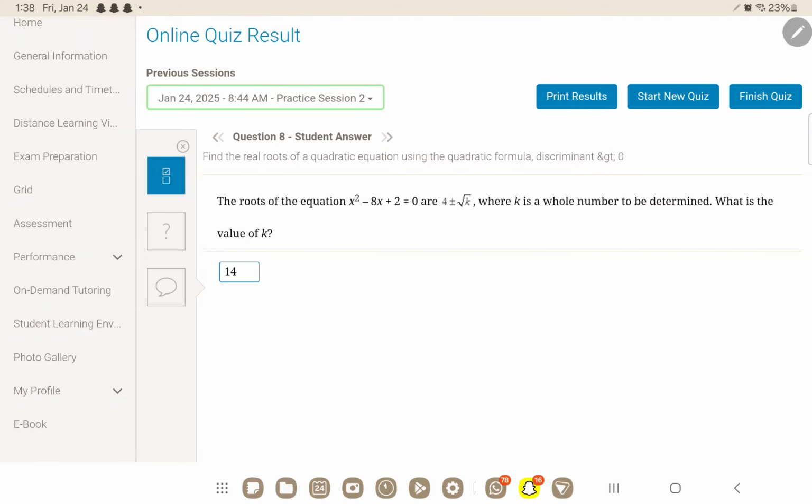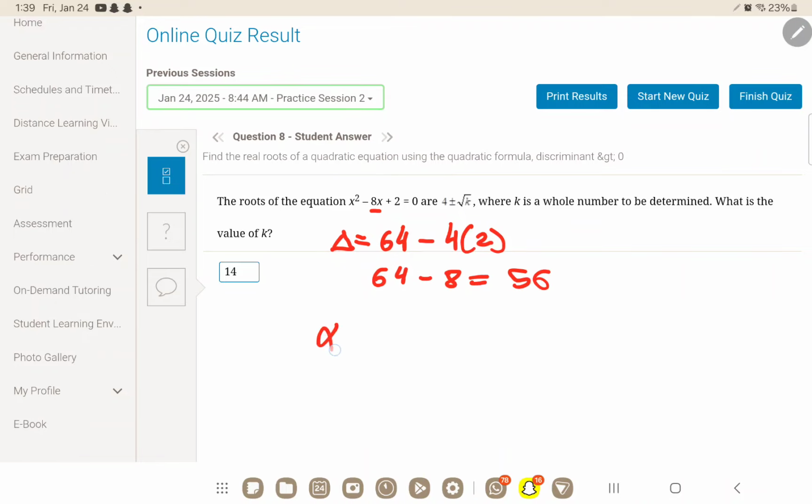Now the roots of this equation, we need to find them. Again, use delta and the discriminant quadratic formula. So delta equals 64, which is b squared, minus 4 into a is 1, c is 2. So 64 minus 8, which is 56.